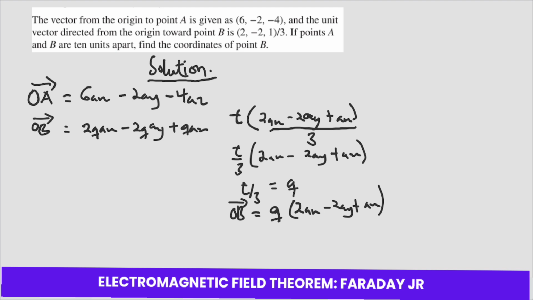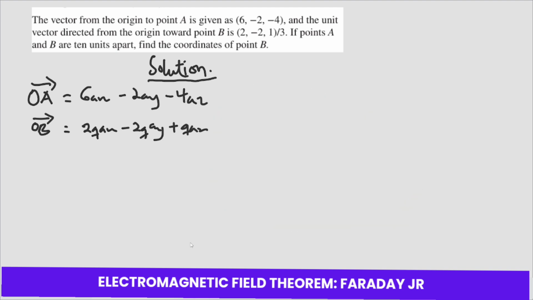From here we know that things will be easy. They said that A minus B or B minus A, either of them will give you the same answer. The magnitude of A minus B should be given to you as 10. So now we are going to write the magnitude of A minus B, which should be equal to 10.